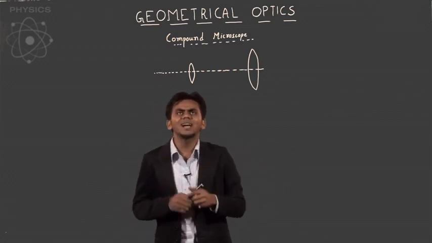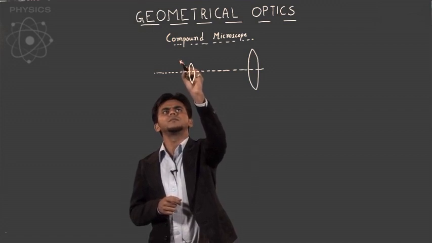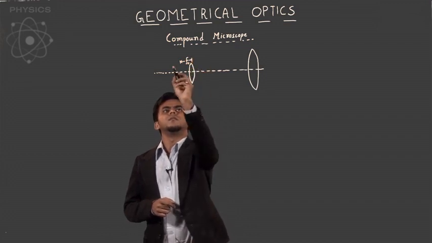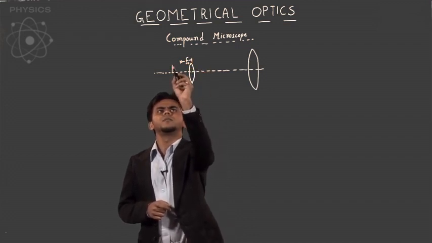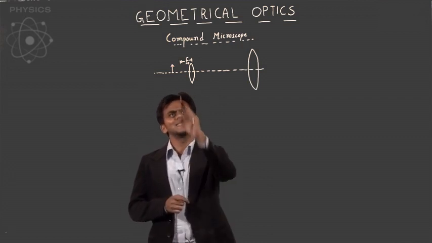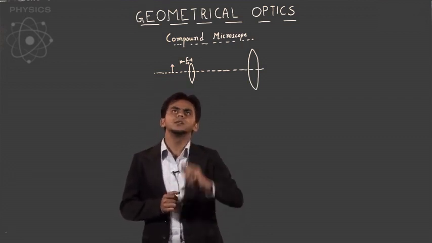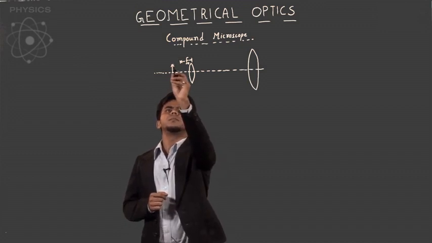The implication of that is, let's say this is the focal length. I have kept the object over here, correct? Now, as this is beyond the focal length or beyond the focus, the rays would come like this.